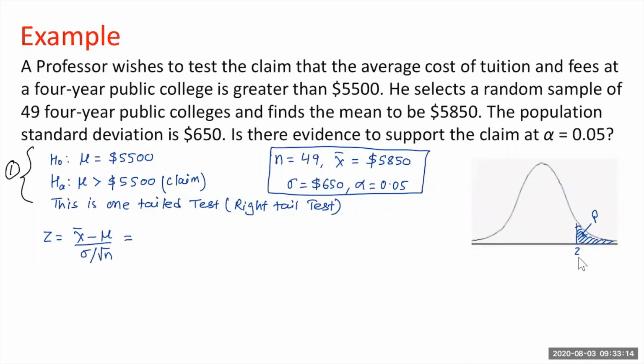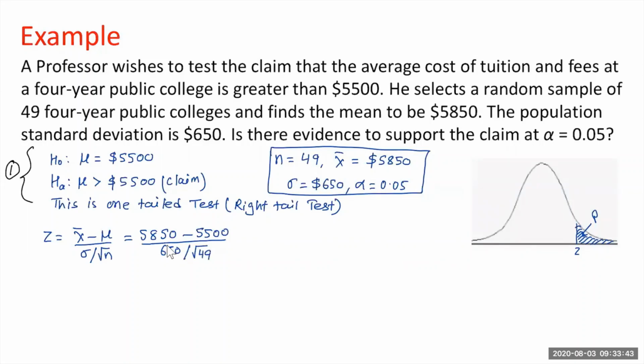So x bar in this problem is 5,850, minus the mean, which is 5,500, divided by the population standard deviation, 650, over the square root of 49, because n is 49.